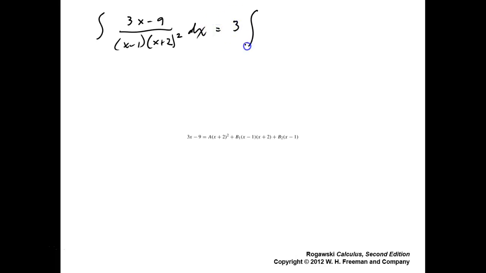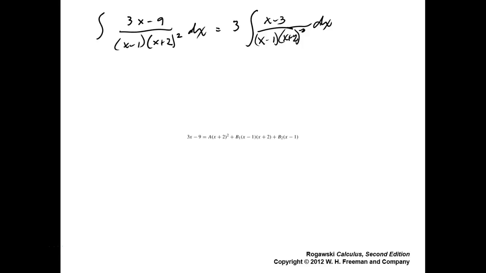That will be 3 times the integral of (x − 3) over (x − 1)(x + 2) squared dx. Now, no common factors. What's the degree of the numerator? The numerator is 1 and the denominator is 3. You're absolutely right. Because this is squared, that gives a maximum exponent of 2 here and 1 there, which gives you 3.